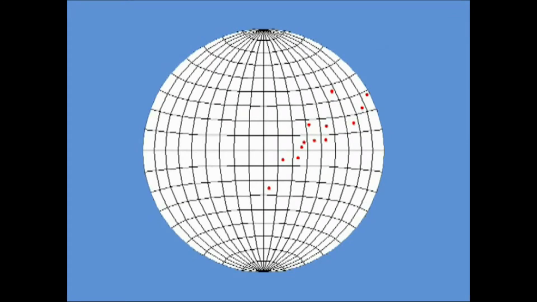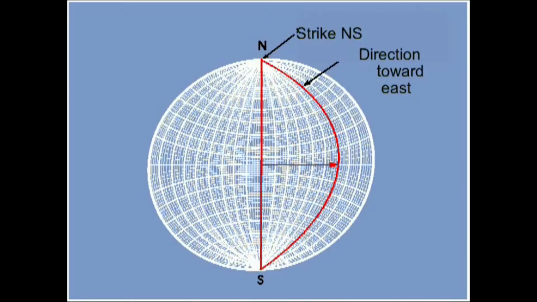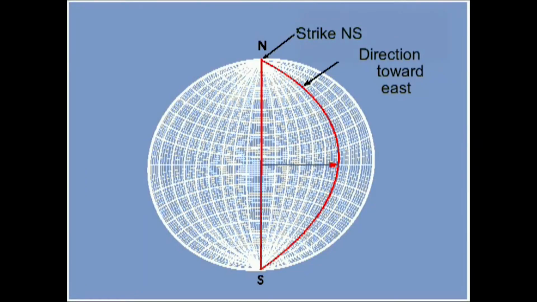Let us imagine that a plane striking north-south and dipping towards east is passing through this imaginary sphere. On the lower hemisphere, this easterly dipping plane will have a curved line of intersection that is inclined towards the east. If we join all the points on this spherical projection onto the north pole of the sphere, the cyclographic or stereographic projection of the spherical projection will be obtained on the median equatorial plane.